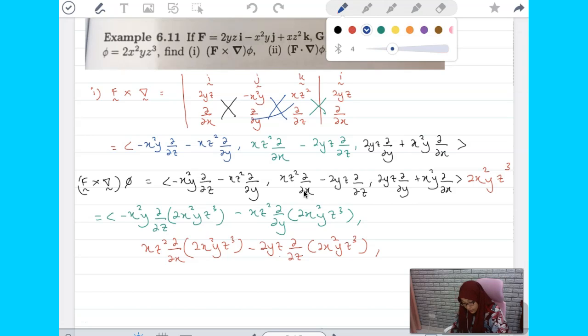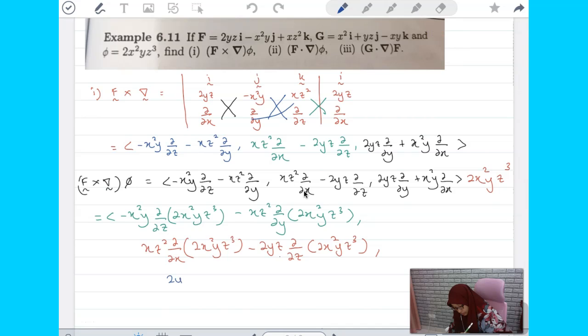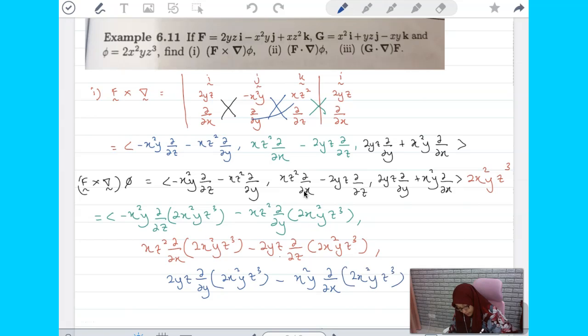Then the z component, 2yz del y of 2x squared y z cubed minus x squared y del x of 2x squared y z cubed.